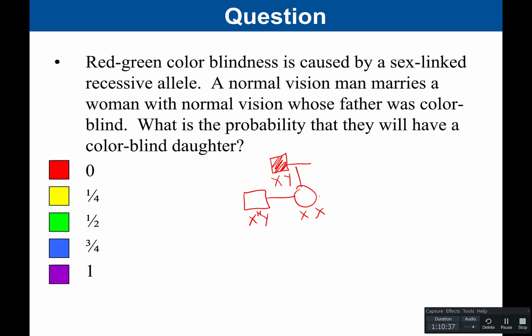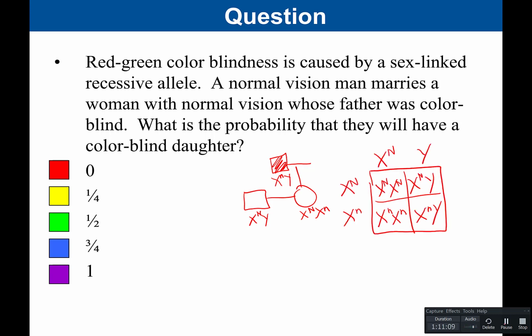Now, the female, she has normal vision, so we know she has a big N, and then something on her second allele. Notice her dad is colorblind, which means that her dad has the recessive allele, so her second allele has to be the recessive. So she is X^N X^n, because again, dad was X^n Y. So now we just fill in our Punnett Square using those genotypes.